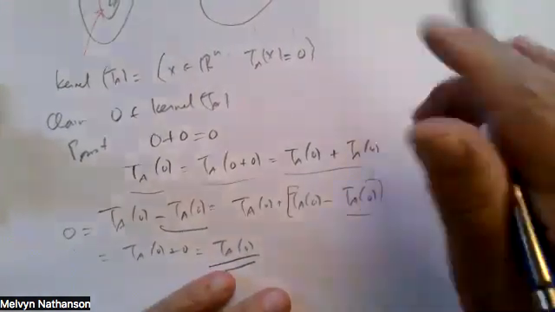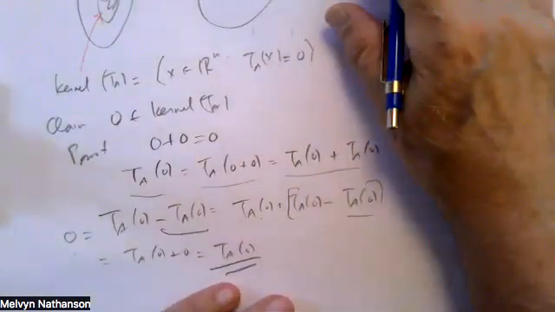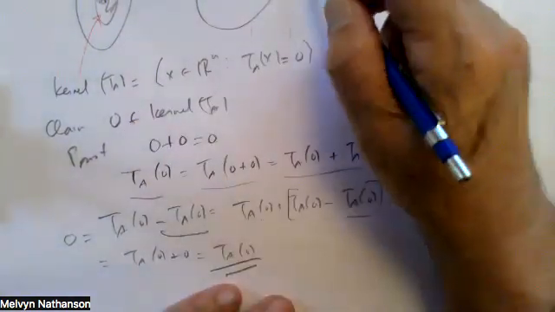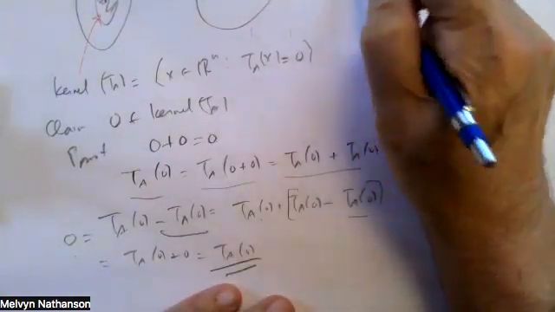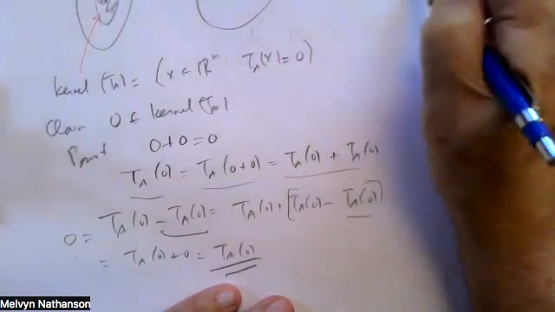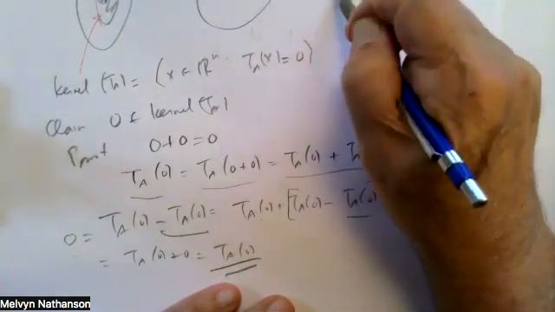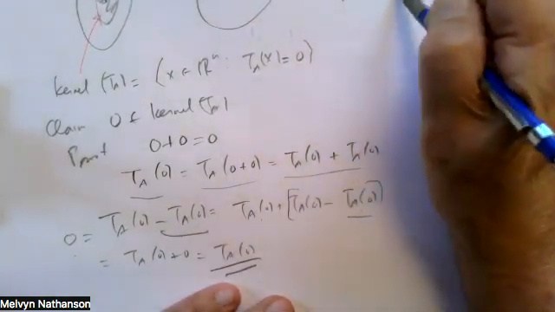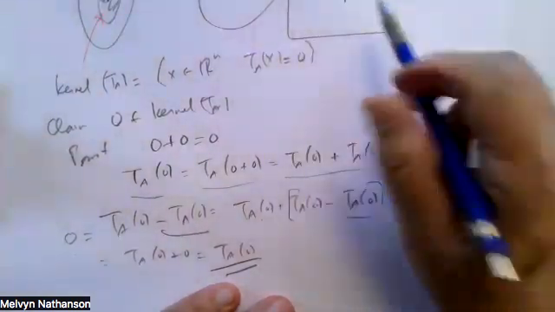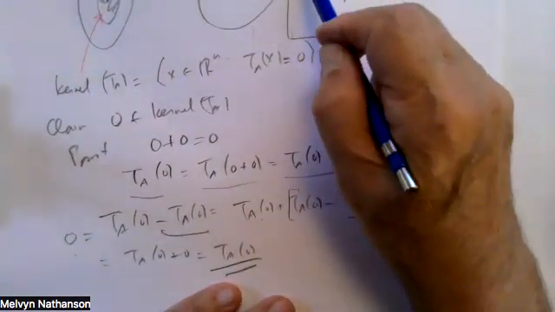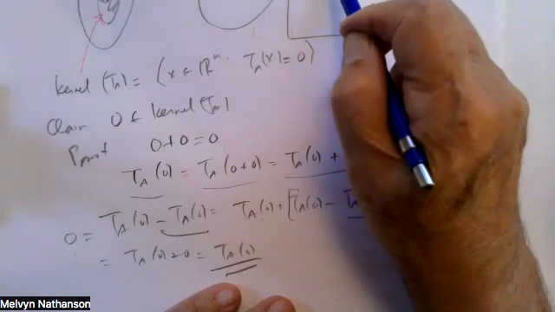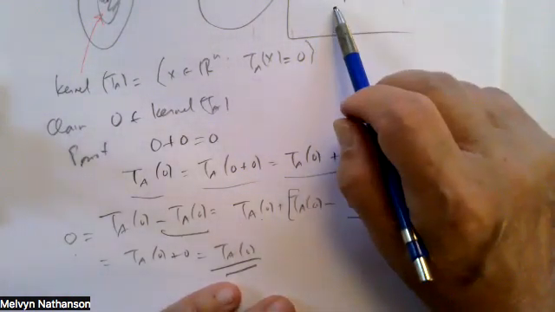And another fact about the kernel is that the kernel is a subspace of Rn. That's a kind of a lemma or a theorem, whatever you choose to call it. Why is it a subspace?